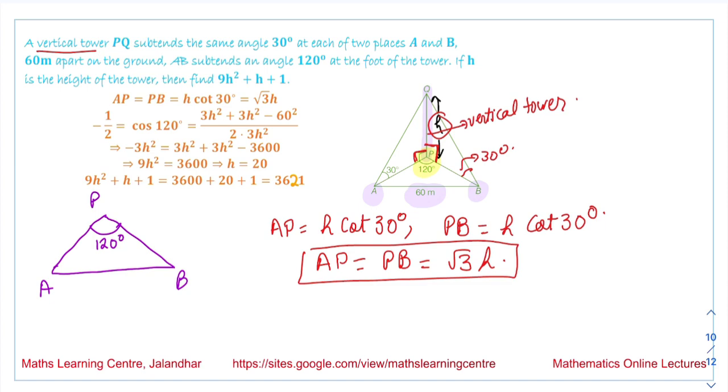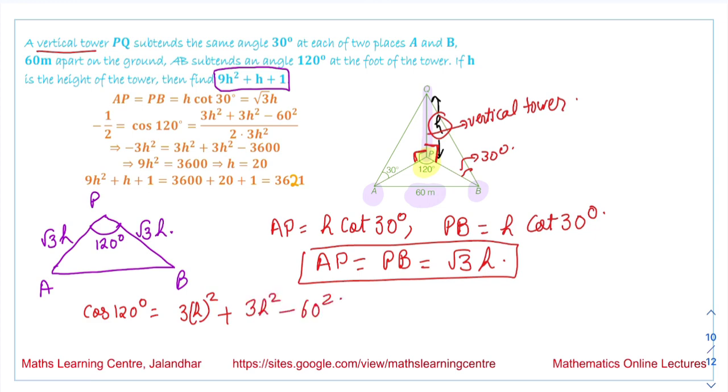The length of AP is square root 3 times H, and the length of PB is square root 3 times H. If we apply the cosine formula, cos 120 degrees equals 3H square plus 3H square minus 60 square, where this length is 60 meters, divided by 2 into 3H square.